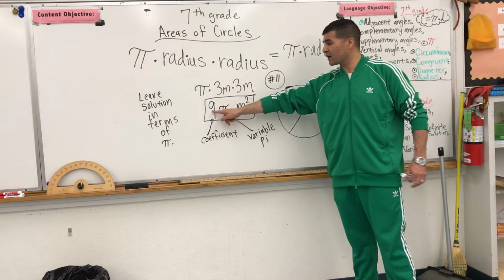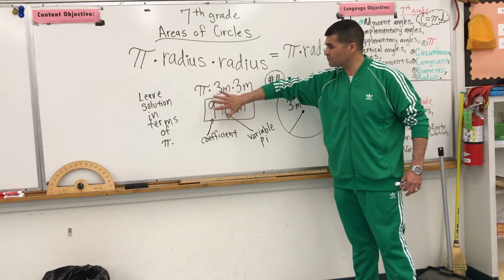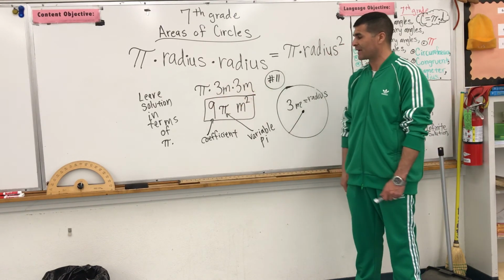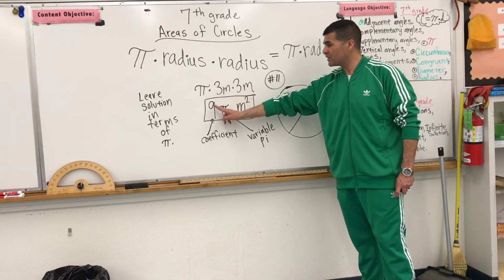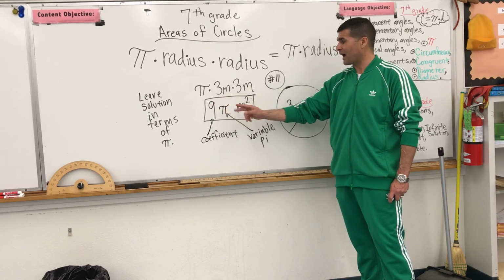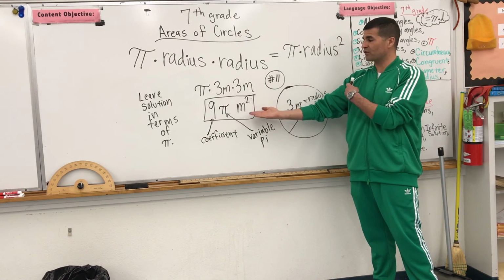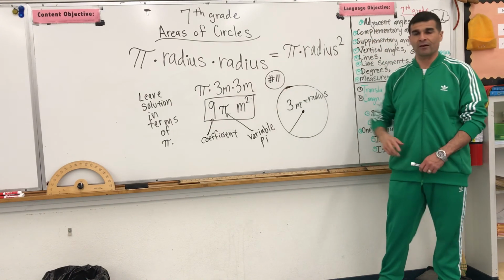We can multiply a coefficient, which is a number in front of a variable, just by putting the number in front of the variable on the left-hand side. And all of us at this point in 7th grade math should know this means 9 times pi meters squared. So believe it or not, we can leave our answer for the area of this circle as 9 pi meters squared.